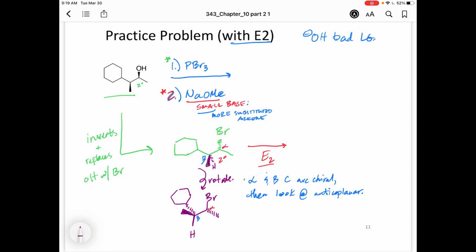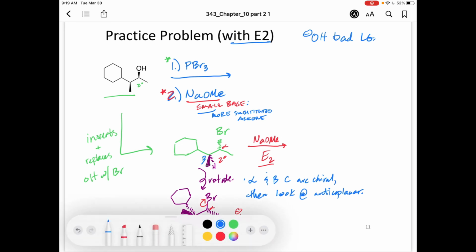And as we look at this, when we do our E2 reaction, so we've got sodium methoxide, OMe. When I deprotonate it, I'm going to push down to make a new carbon-carbon double bond and kick out bromine. And when we do this, we're going to make an alkene where the cyclohexane group and our methyl, they're both dashed, are going to be on the same side.